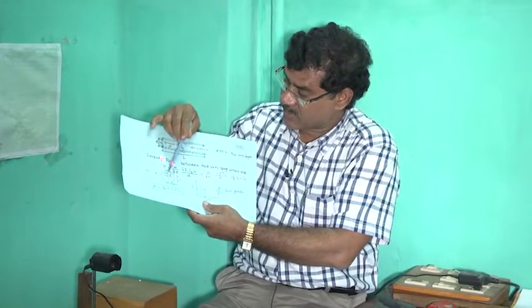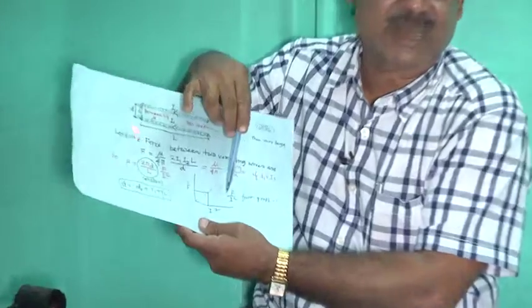Now the working formula. As I told, I will plot the F versus I square graph.